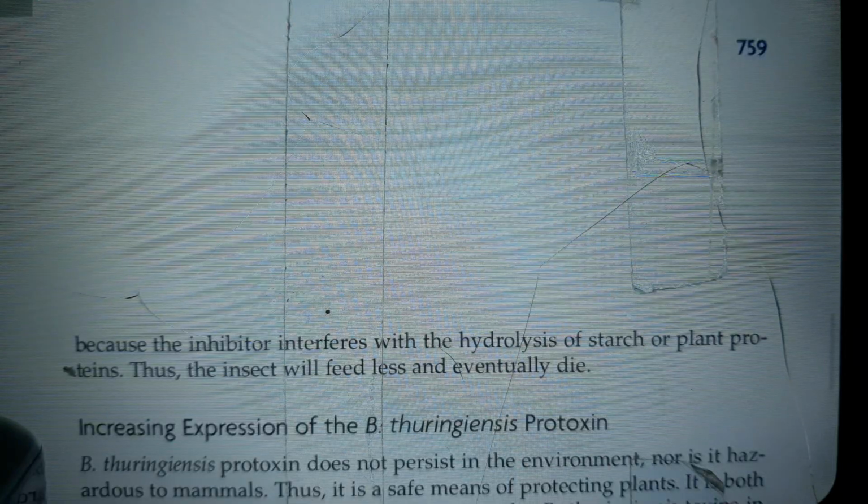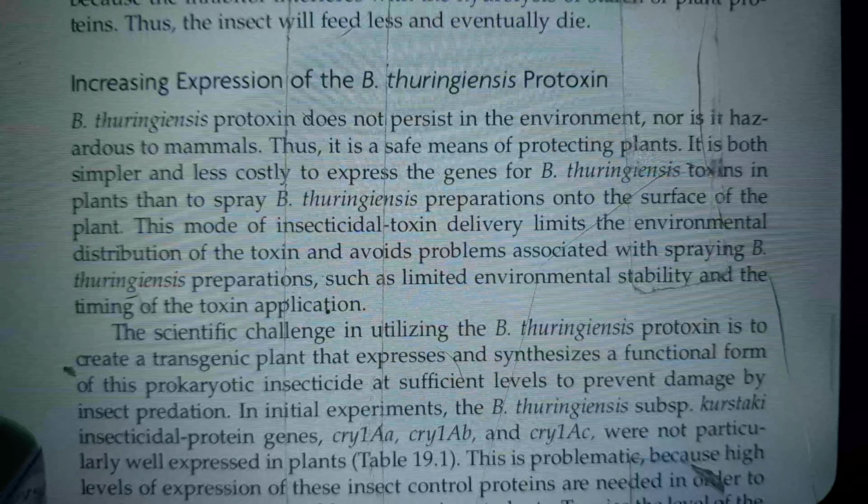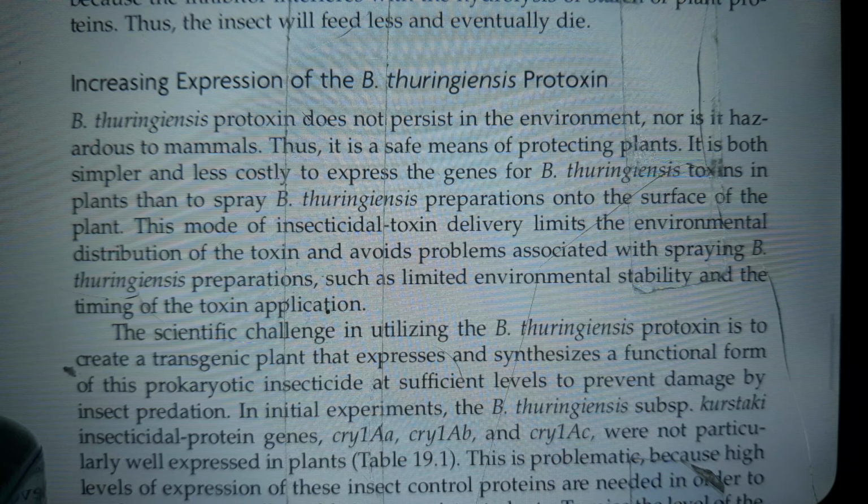After an insect ingests one of these inhibitors, it is not possible to digest food, that is plants, because of the inhibitor's interference with the hydrolysis of starch or plant proteins. Thus, the insect will feed less and eventually die.